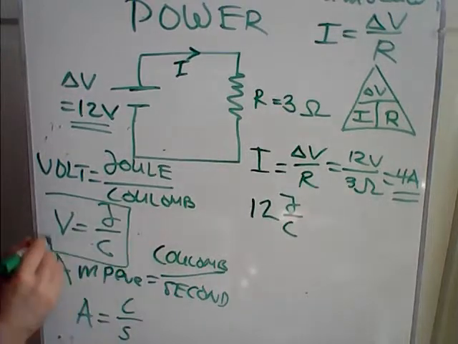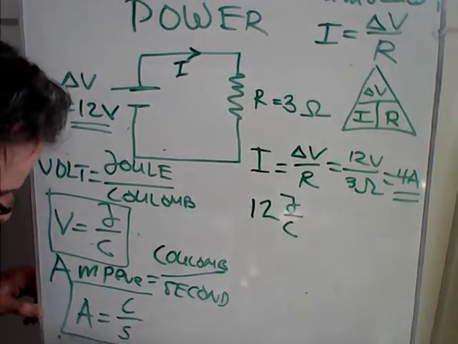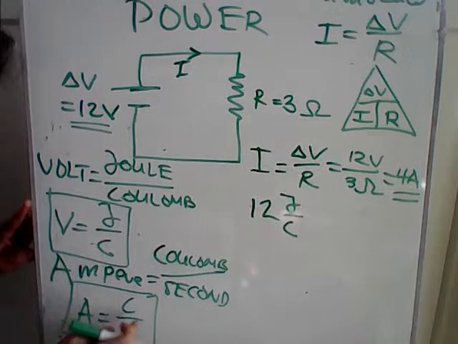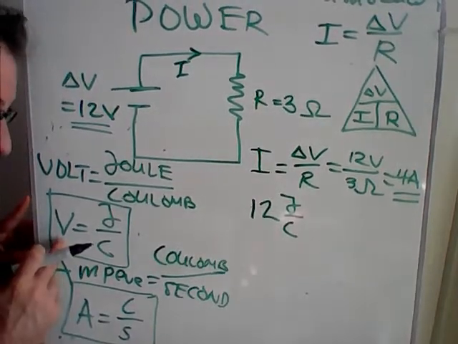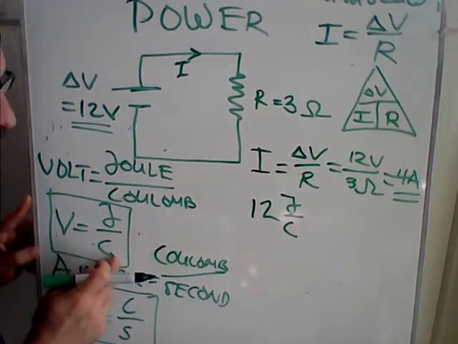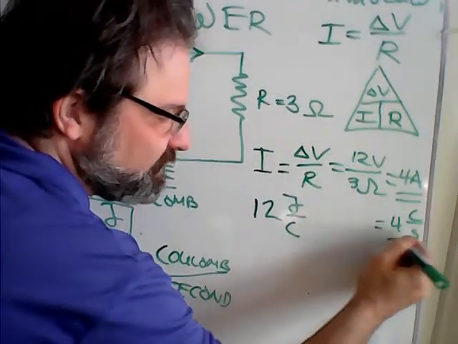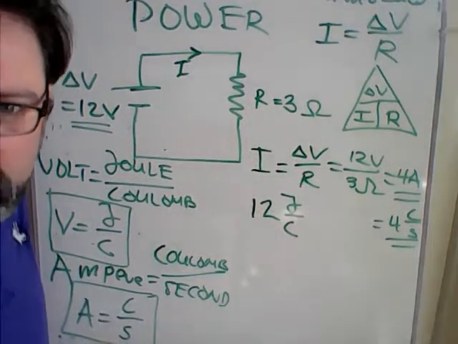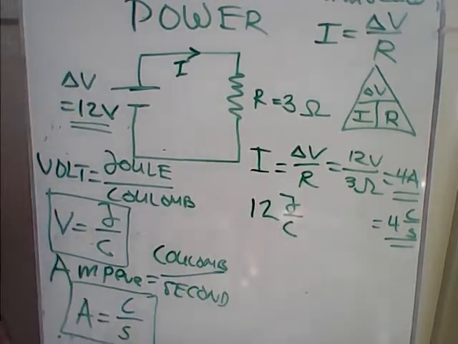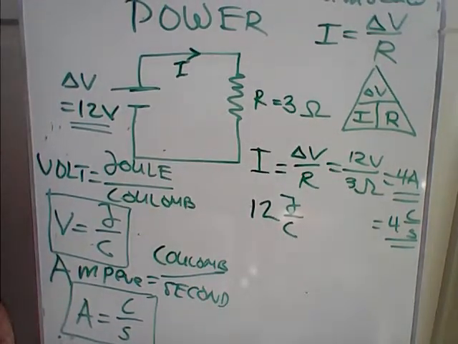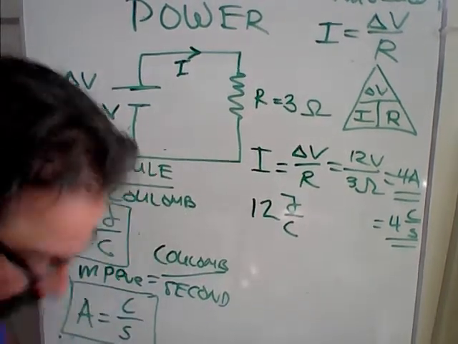So if we look at those two relationships here, an ampere being a coulomb per second and a volt being a joule per coulomb, 4 amperes means 4 coulombs per second. Just to put that in words, if we take those two pieces of information, we can combine them into an expression.